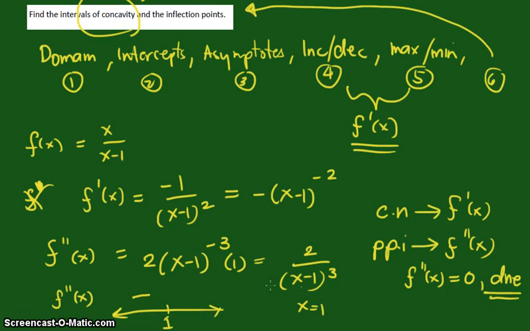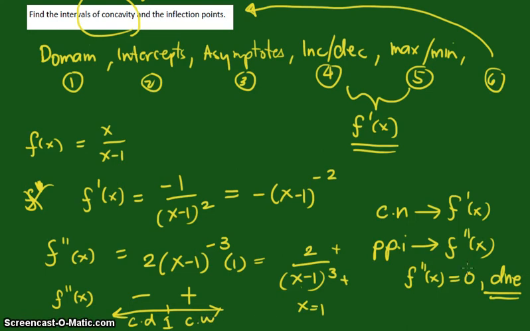If we pick a number at the right of 1, say 2, the denominator will become positive, and since 2 is positive, then positive over positive will be positive. Okay, a negative second derivative means it's concave down, so just name it as CD, and a positive second derivative is concave up.